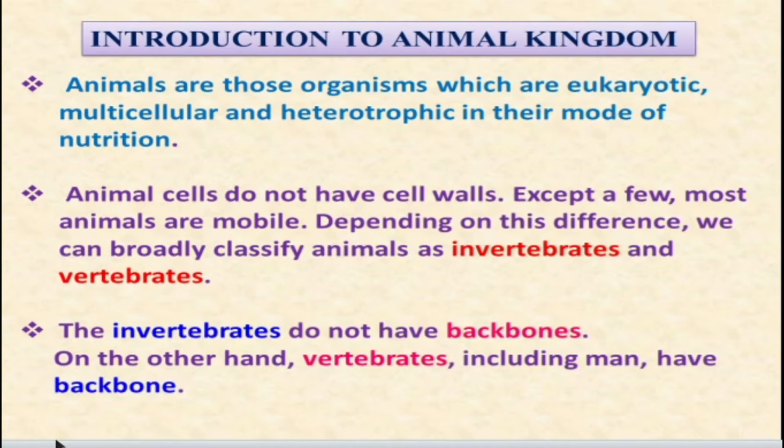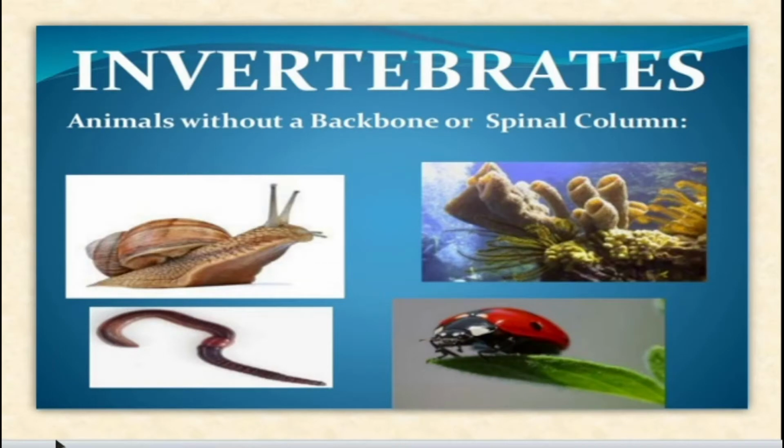These are the two types in the animal kingdom. Invertebrates are animals without a backbone or spinal cord or vertebral column. Looking at this picture, you can easily understand: the body is very soft and without bone, that is called invertebrates.